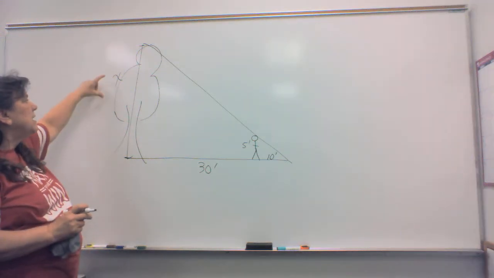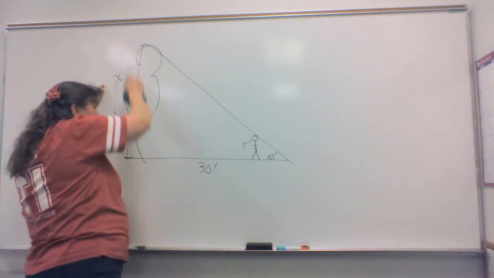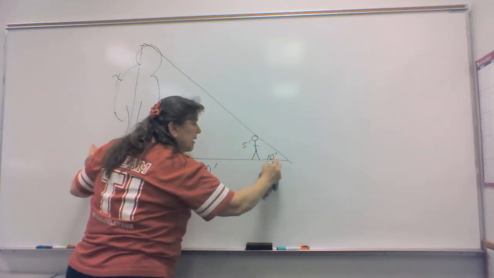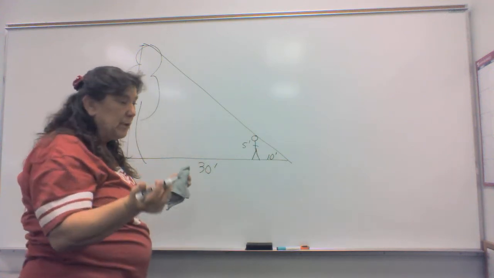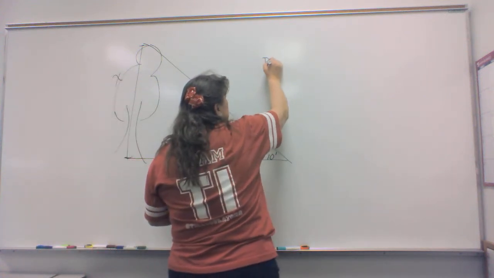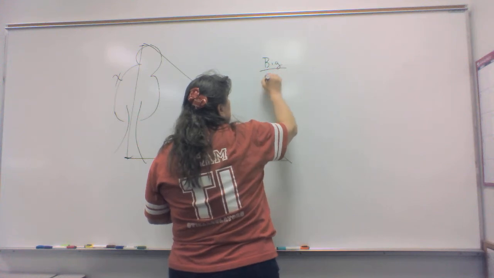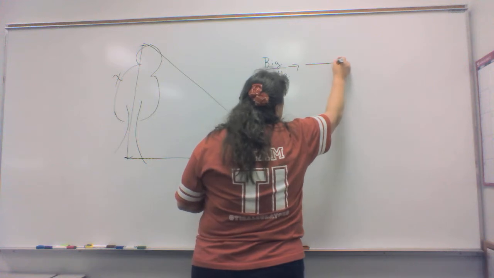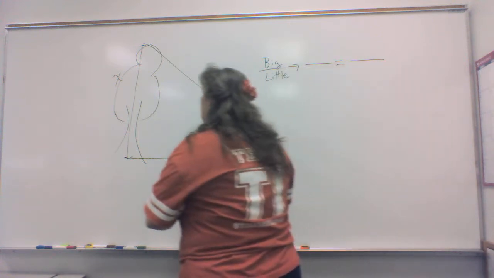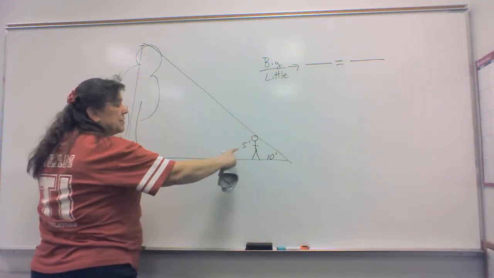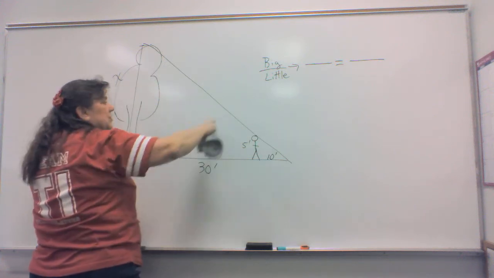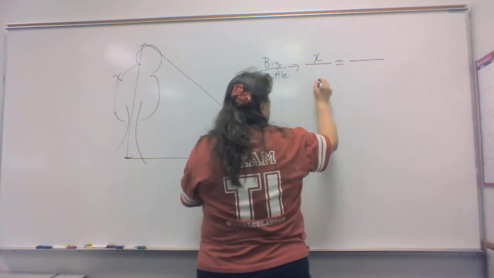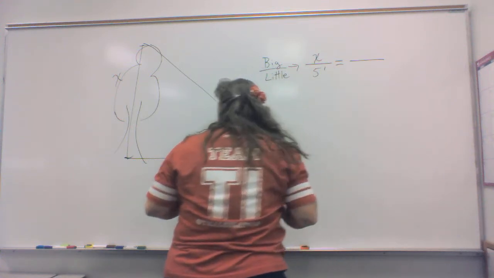So what is being compared? We're comparing the big triangle of the tree and the little triangle of the man. So we're going to compare big to little. Now, it's important that we compare the same sides that are corresponding. The tree corresponds to the man. You see, both of those are your vertical sides. So my tree is my unknown. My man is 5 feet tall.